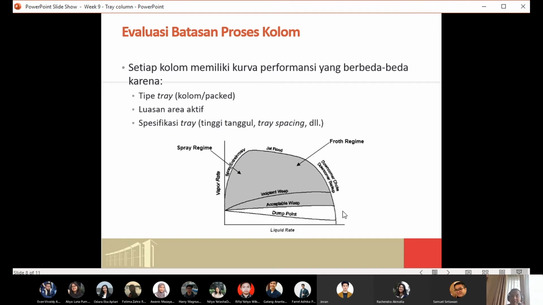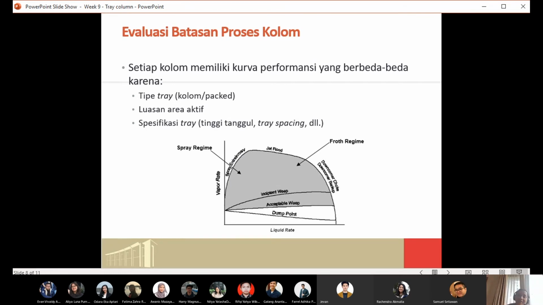And then we also have downcomer choke or downcomer backup. Why? Because in this case the liquid is too high, so your downcomer is not enough to flow the liquid through.